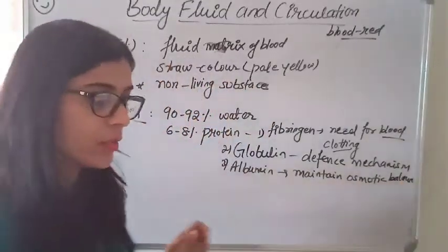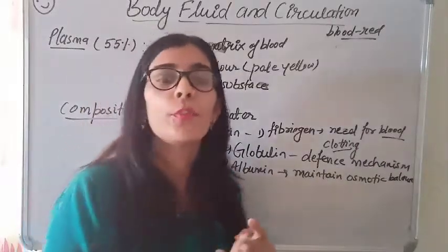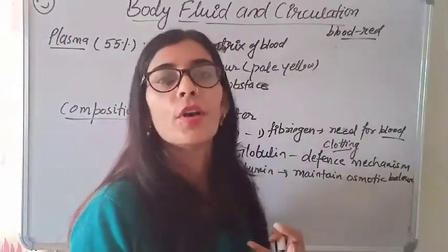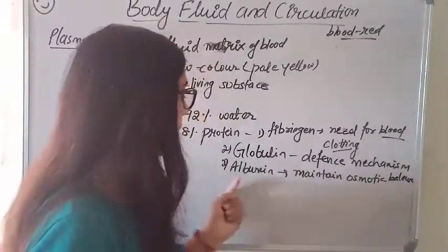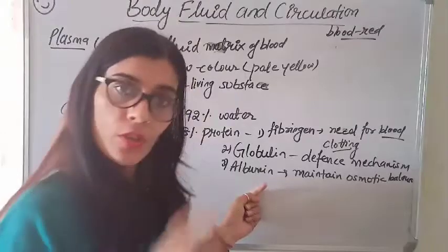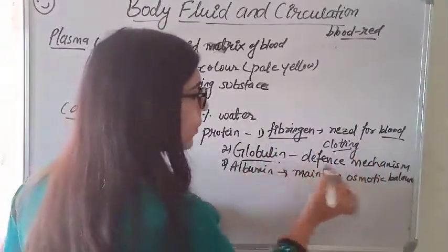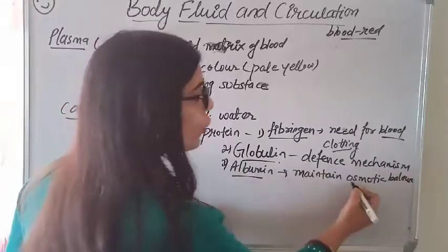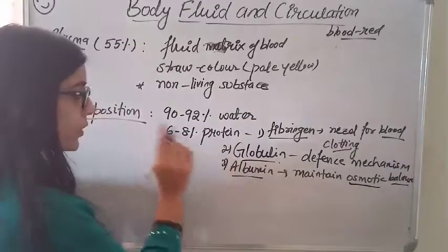Osmotic balance means the fluid of the body, ions in the fluid of the body, water in the body. All that is regulated by albumin. So three types of protein: fibrinogen for blood clotting, globulin for the defense system, albumin to maintain the osmotic balance of the body. Fine, 6 to 8% is done.